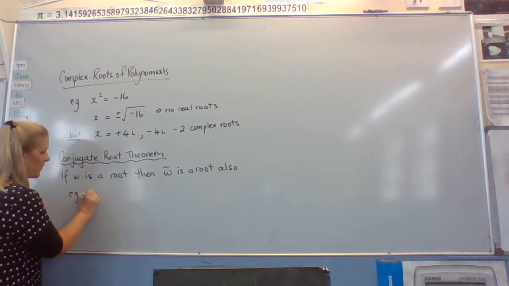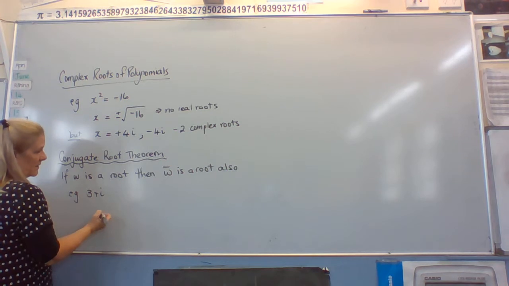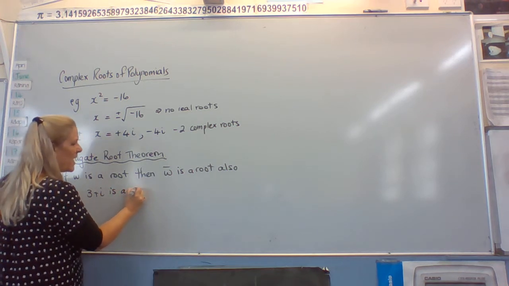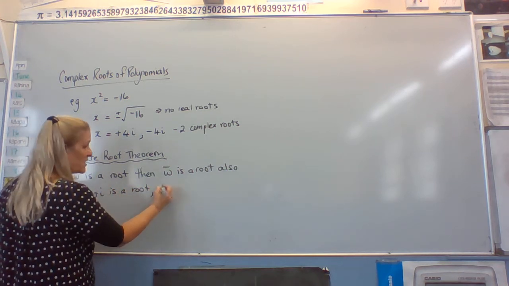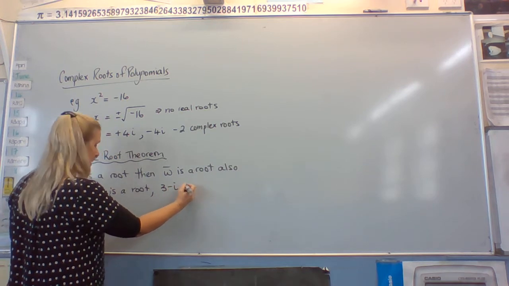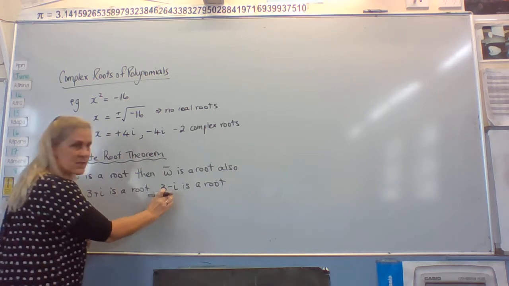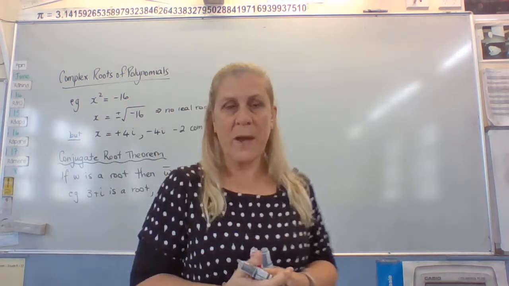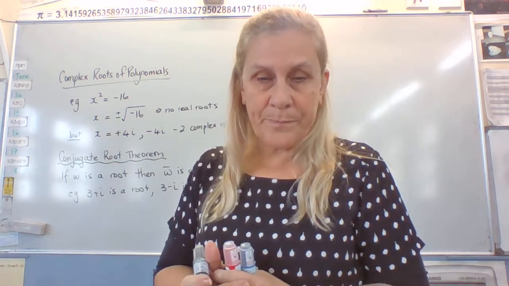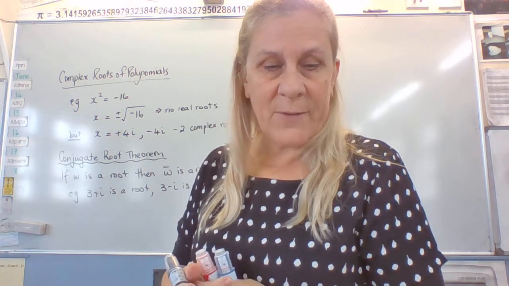For example, we've got 3 plus i is a root. We don't have to do any work to find out that 3 minus i is also a root. So conjugate, change the sign on the imaginary part.